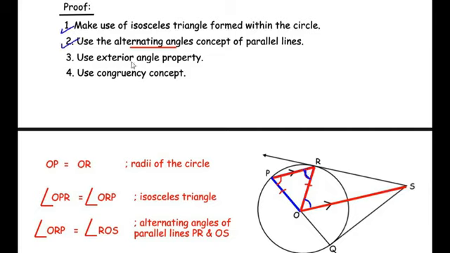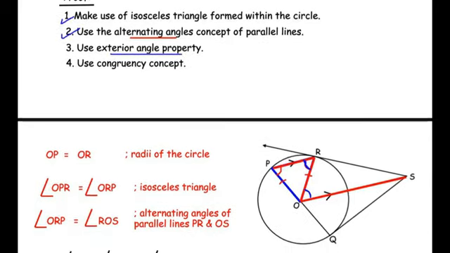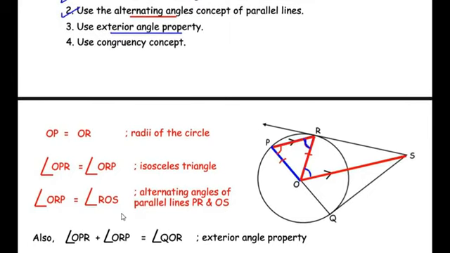Now let us see how we can use the exterior angle property for the given diagram. So here we have written also angle OPR, that is this angle, plus angle ORP, that is this angle, is equal to the angle QOR, that is this entire angle, that is the big angle.